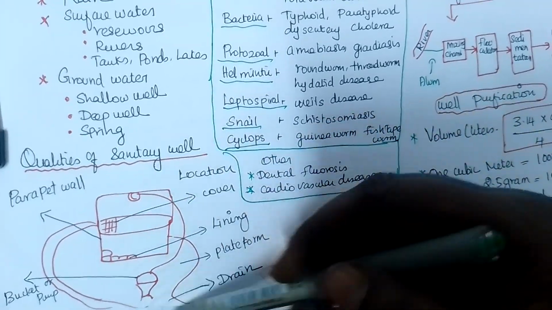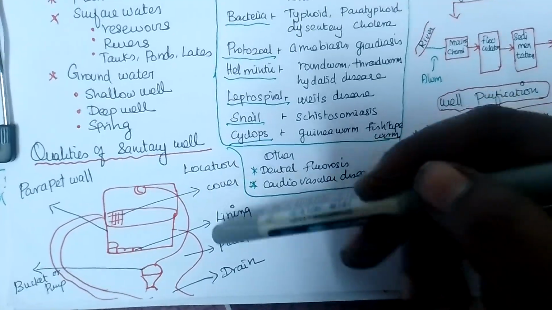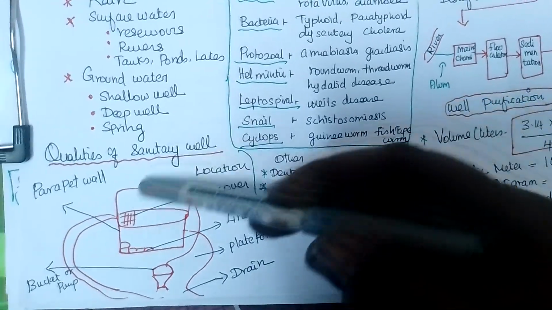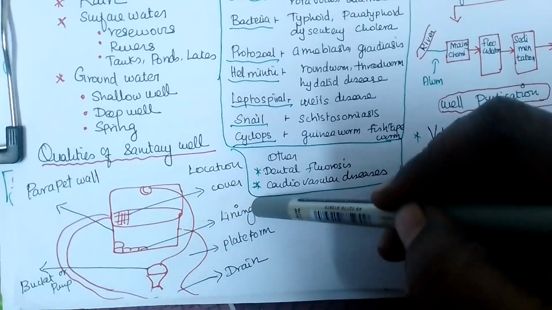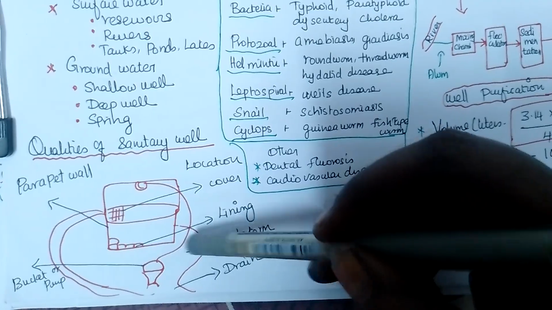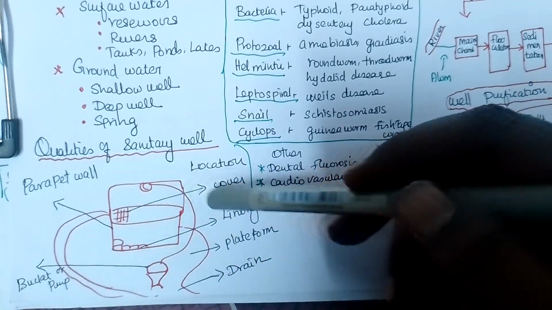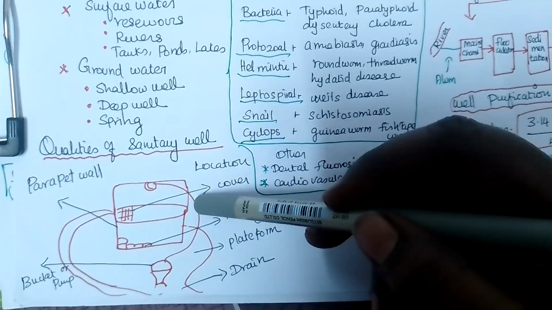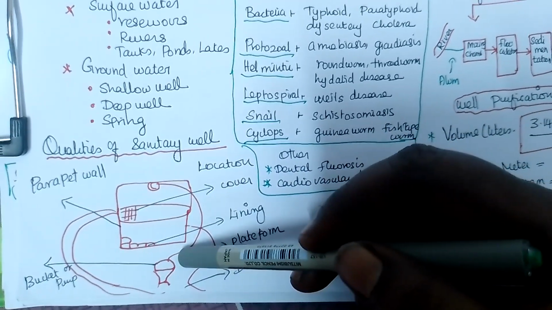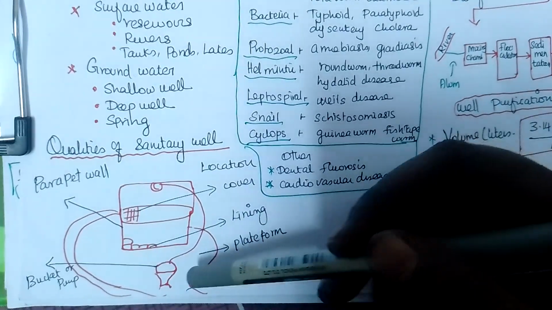So what are the qualities of a sanitary well? You have to remember. Draw this picture, remember it and write in your own words. Remember the location is 15 meters away. One more is consumer responsibility. Suppose everything is there: a separate bucket, the well, the lining, the platform, the drain, everything is correct, but the consumer removes the bucket, takes water and goes for open field defecation.